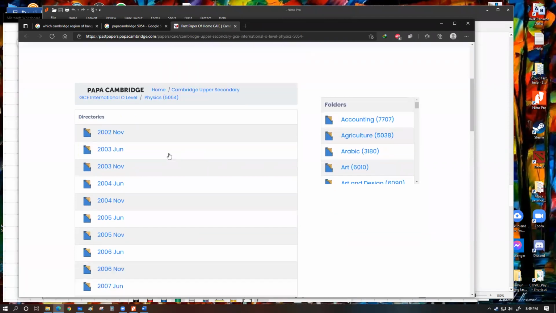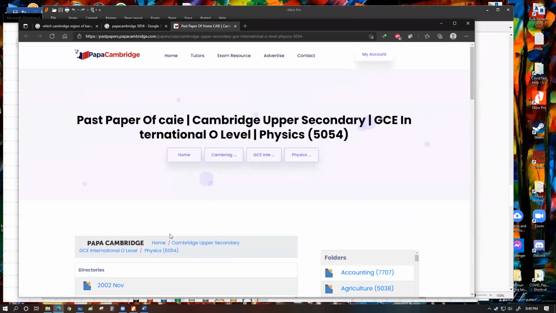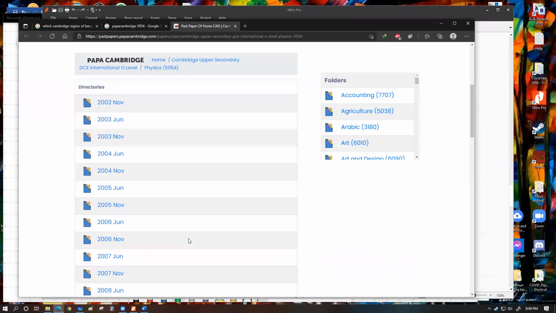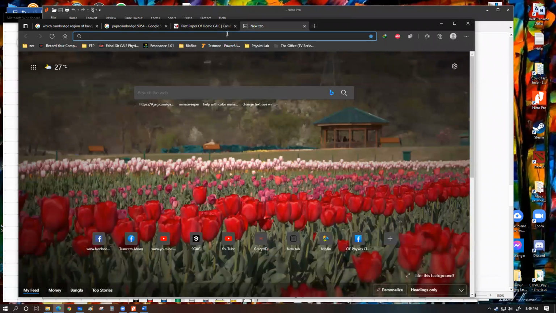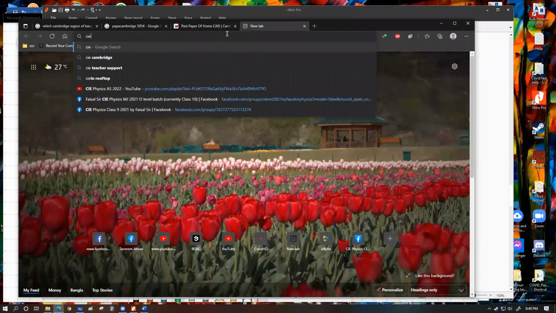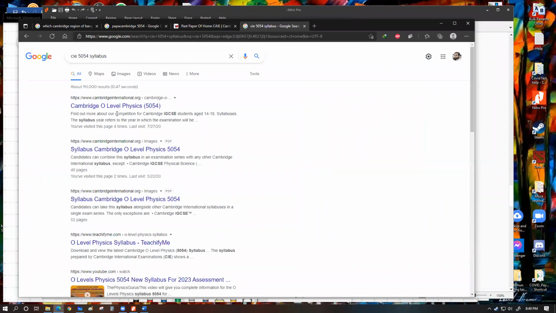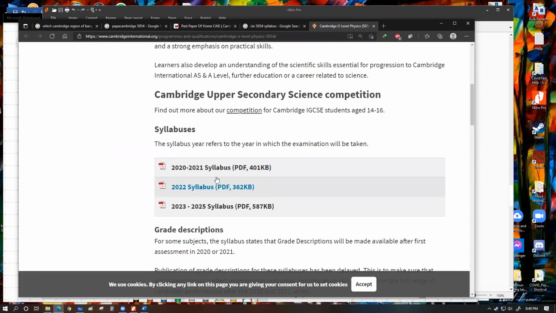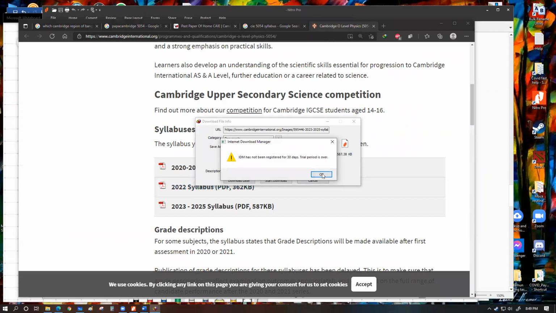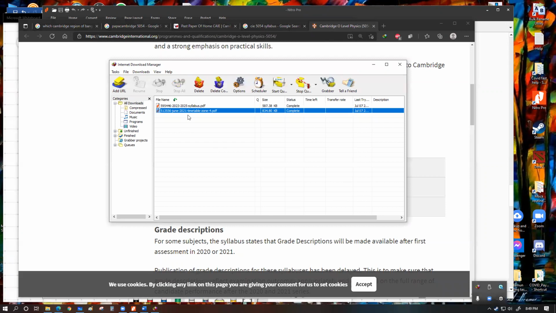What is this? Does this also have the syllabus in it? Maybe they do. Okay, to download the syllabus we can just go to the CIE website. Download it from here. So you will be sitting the exam in 2023. Syllabus download started, it's complete.